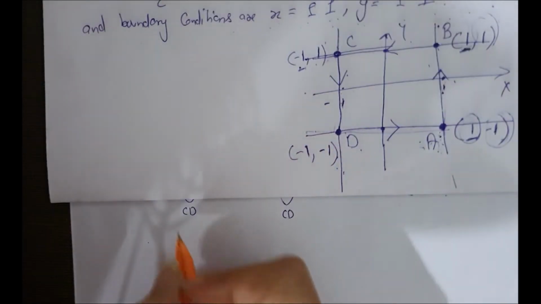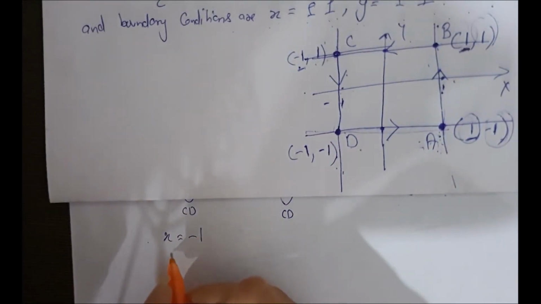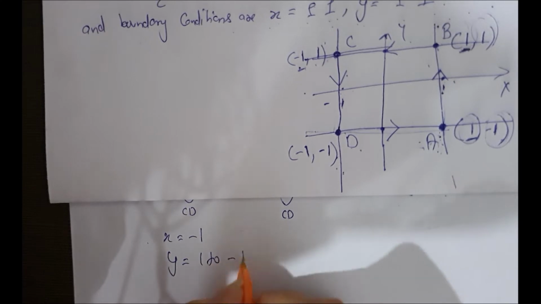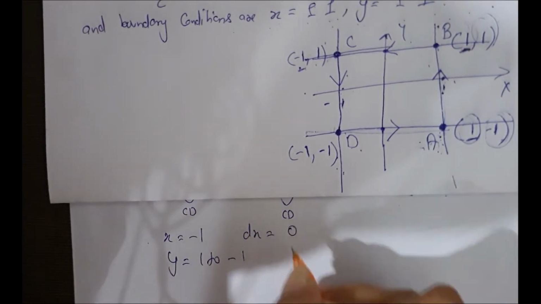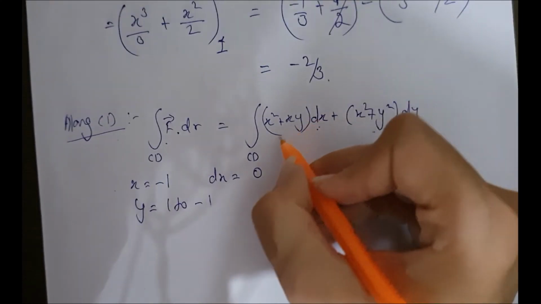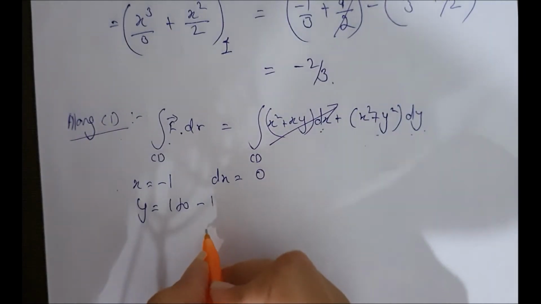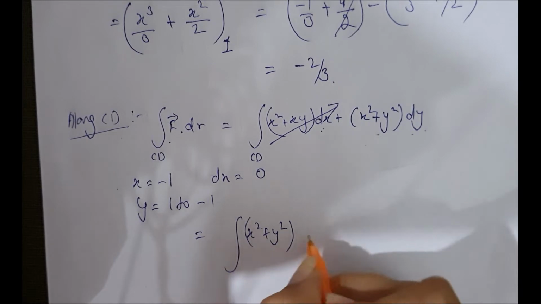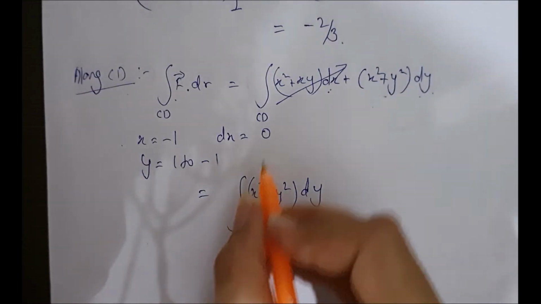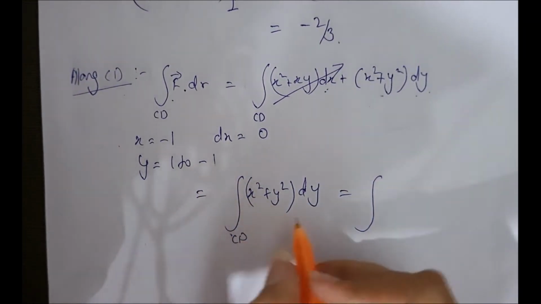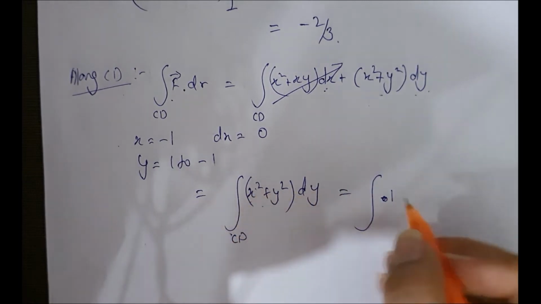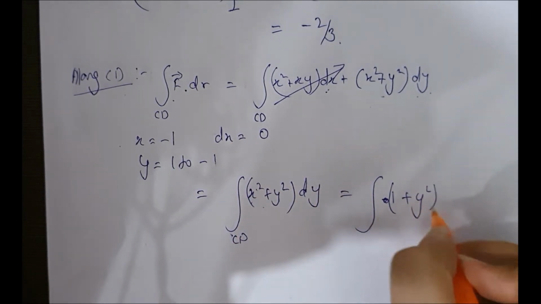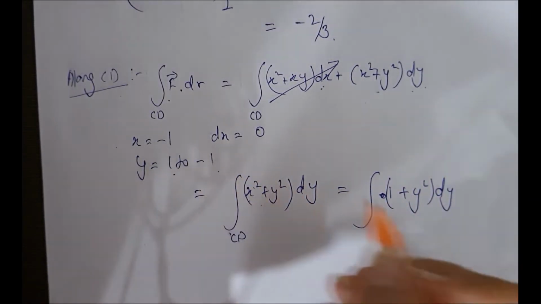Along CD, here x is minus 1 and y is 1 to minus 1. Here dx is 0. If we put dx equal to 0, then this term will get cancelled. We are only left with (x square plus y square) dy along CD. Here x is minus 1, minus 1 square is 1, plus y square, dy. It's from 1 to minus 1.